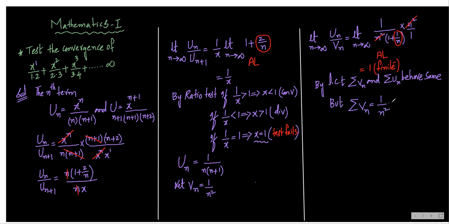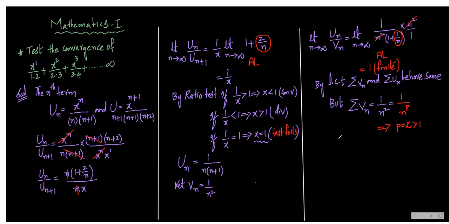This will be comparing with our helping test 1 by n power p. n power p से compare करें. It means that our value of p is 2. P value 2 means definitely it is greater than 1.